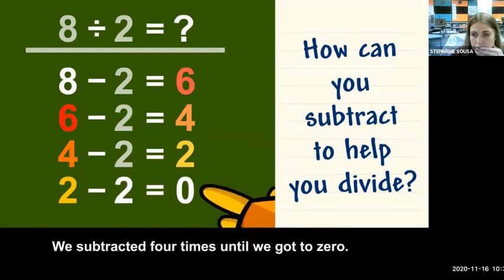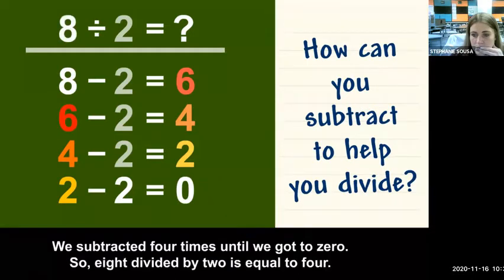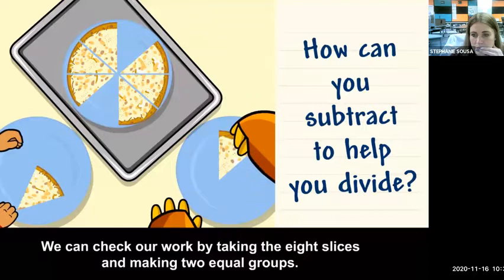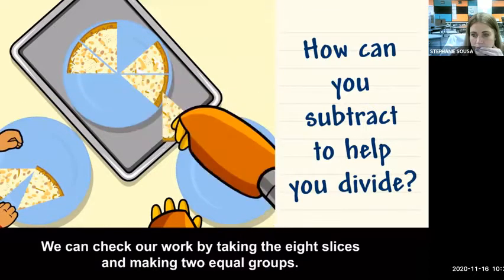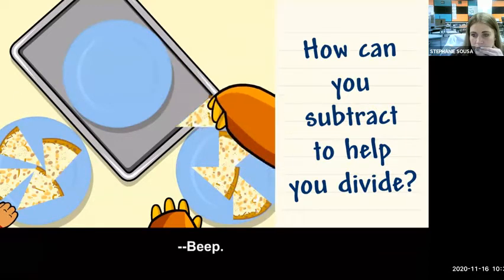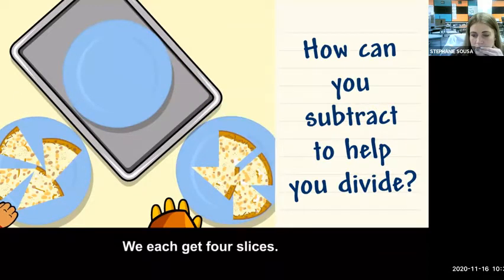We subtracted 4 times until we got to 0. So 8 divided by 2 is equal to 4. We can check our work by taking the 8 slices and making 2 equal groups. We each get 4 slices. Whoa, that's a lot of pizza.